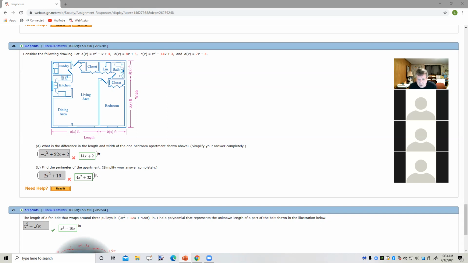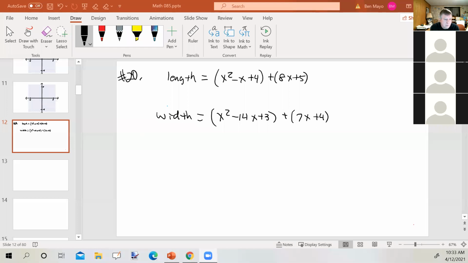Okay, so let's go back to the whiteboard screen. So the length was A of X plus B of X, which is what I've got written up there. And then the width was what's written there as well. Okay, so let's take a look at the length. We could rewrite this as X squared minus X plus 4 plus 8X plus 5, which combining like terms would be X squared plus 7X plus 9.